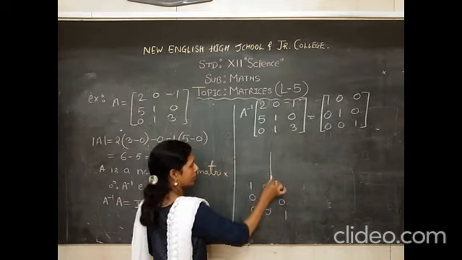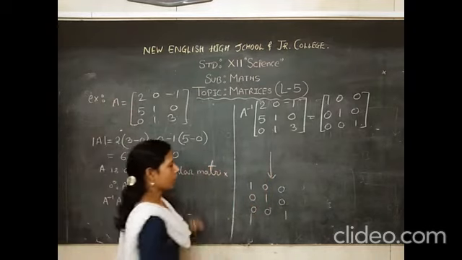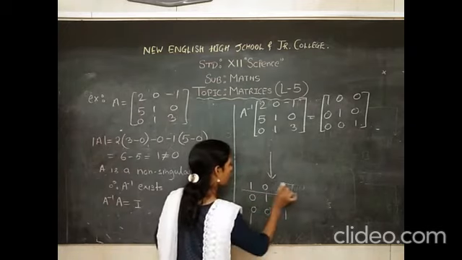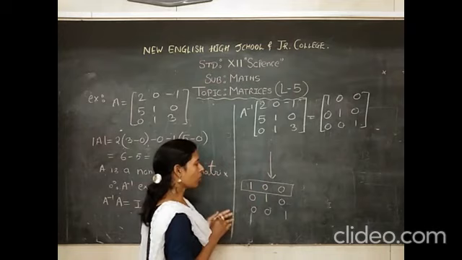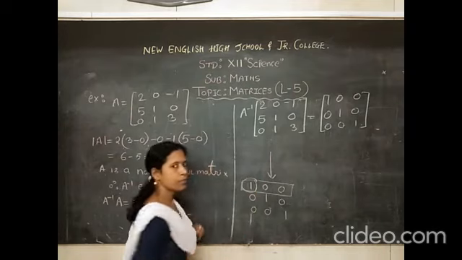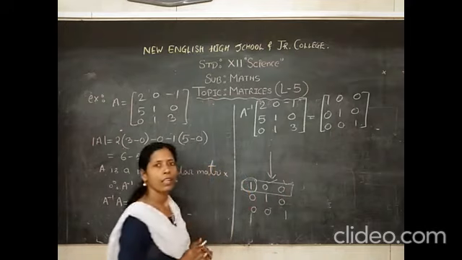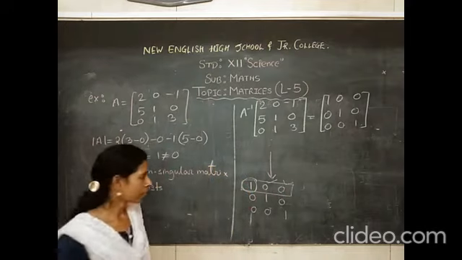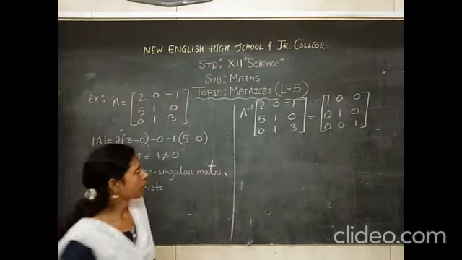This is our target, to convert it into the identity matrix. In the first row also we will make it 1 first, and then to make these two 0 we will take help of this one. Okay children, let us do it.